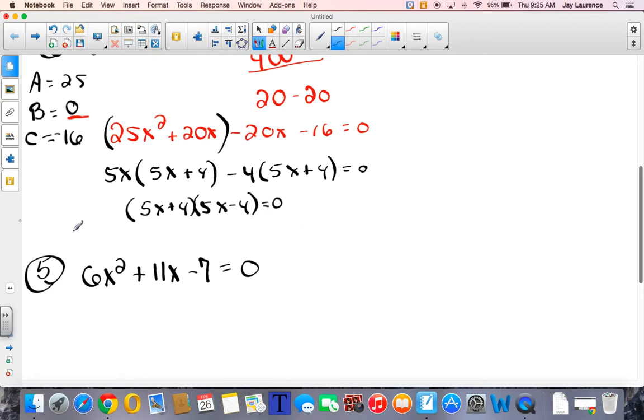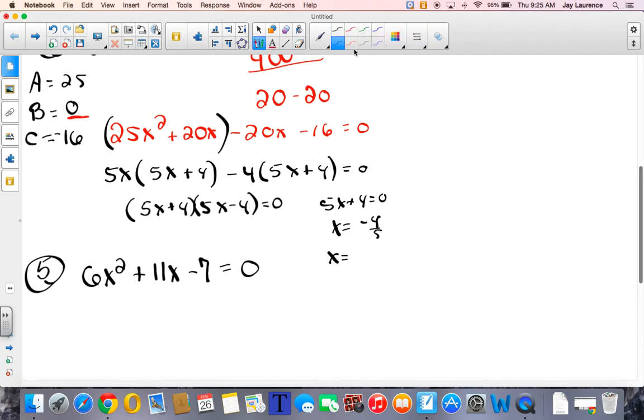Now I'll solve the two pieces. I'll solve 5x plus 4 equals 0. X is going to equal negative 4/5. And then I'll solve the other one, and I'll get 5x minus 4 equals 0. And that will end up being positive 4/5.